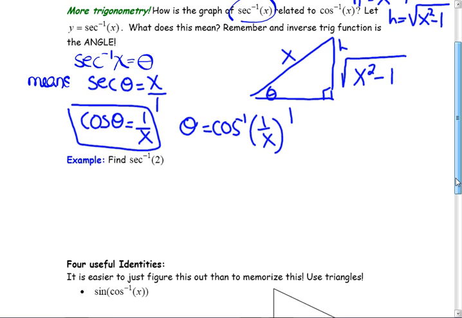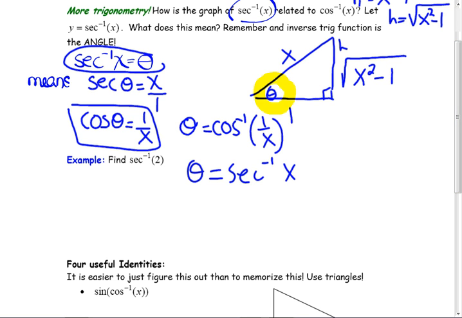But I already know that theta is equal to the inverse secant. Now, did the angle change in this? Did the angle change? No. So if the thetas are the same, what has to be true about this side? Those have to be the same.